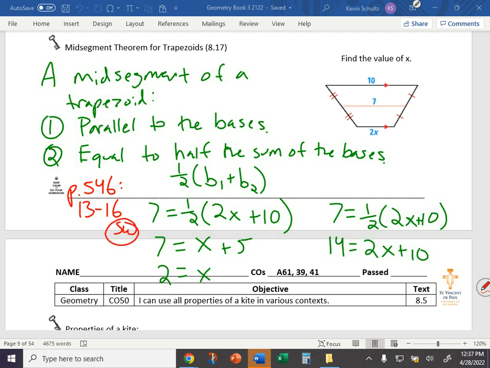You do need to show your work. Okay, 546, 13 to 16. Work does need to be shown. This is due tomorrow. That's all.